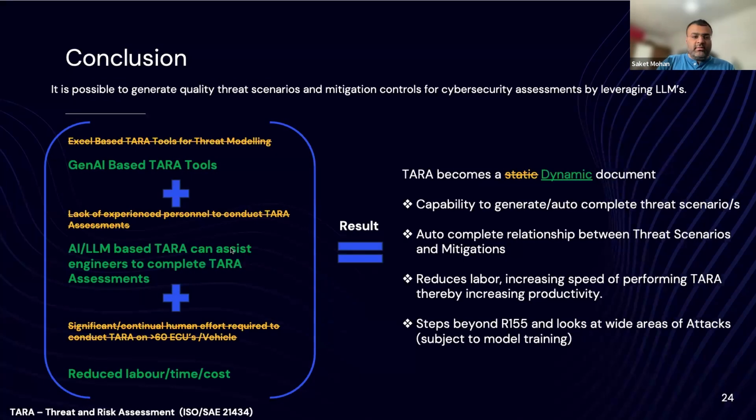So after the integration, and this is one of my final slides for today's presentation, we began from an Excel-based exercise. Now we have a generative AI-based application which generates threat scenarios based on system input. It offers assistance. It is not taking away work from engineers.